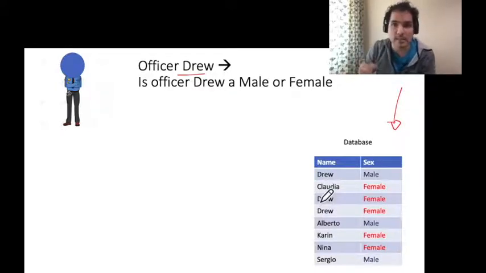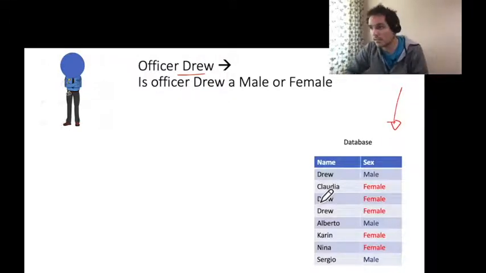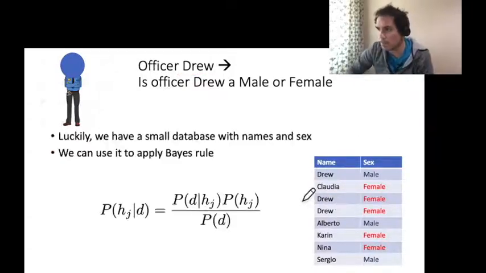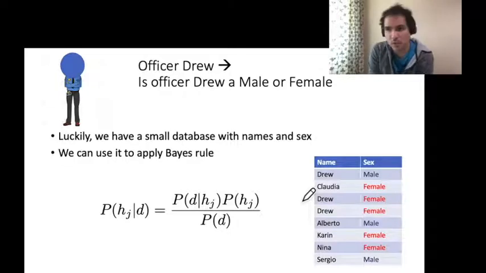So let's start building these probabilities using the naive Bayes theorem. You will see that it's quite simple, not really that difficult. Now we have this database, and we are going to use the naive Bayes theorem to predict each possible outcome: that the person is male given the name Drew, and that the person is female given the name Drew.